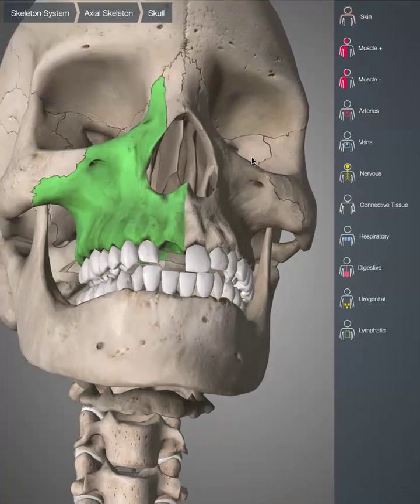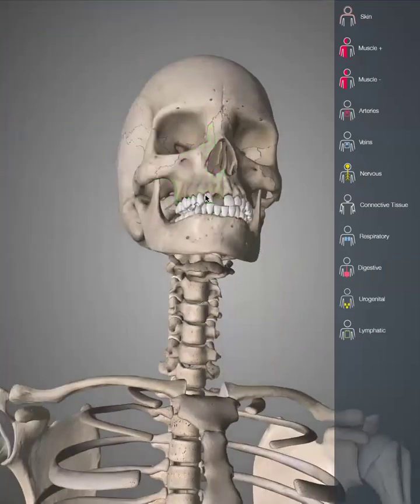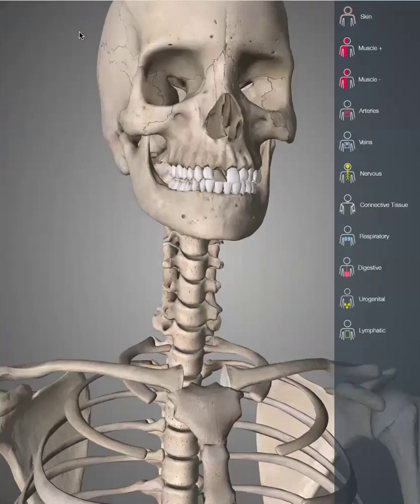Now, the primary teeth in the beginning of life are composed of 20 teeth, 10 in each arch.